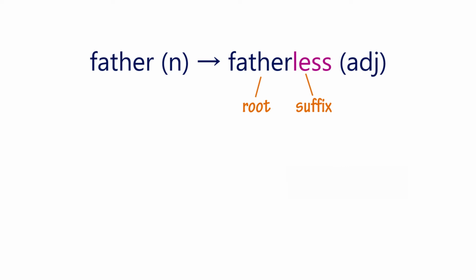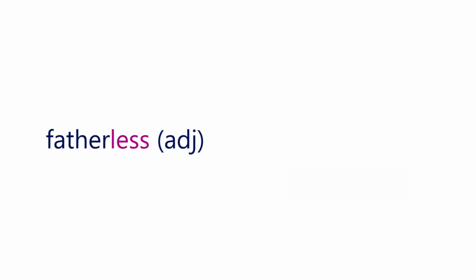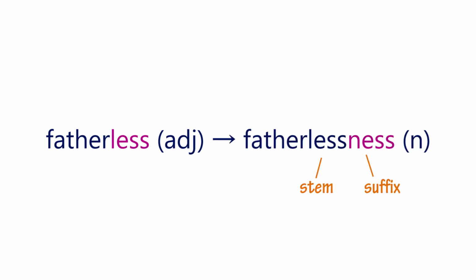Then you can do something interesting again. You can add another noun suffix to turn it into a noun. So now that you have the word fatherless, I can turn it into a noun by adding the ness suffix, which is a noun suffix, and make it fatherlessness, which is a noun.